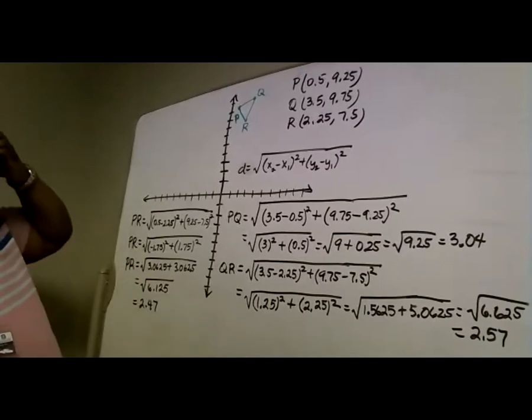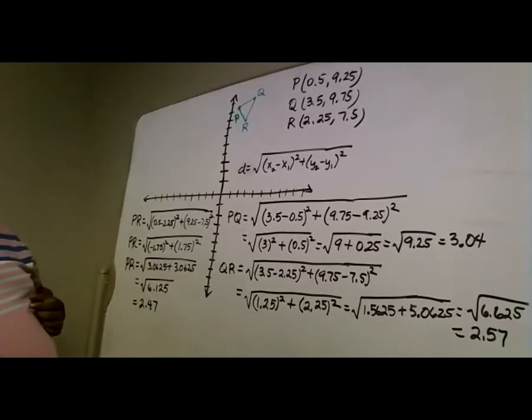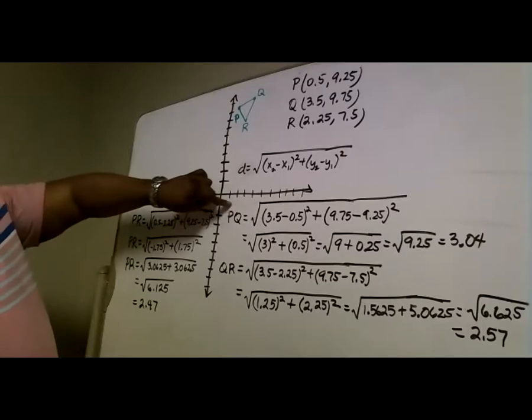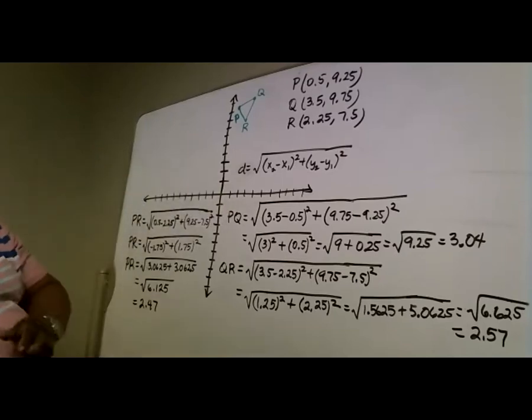So the one that gave us the longest distance was PQ. So in this case, PQ happens to be the hypotenuse.